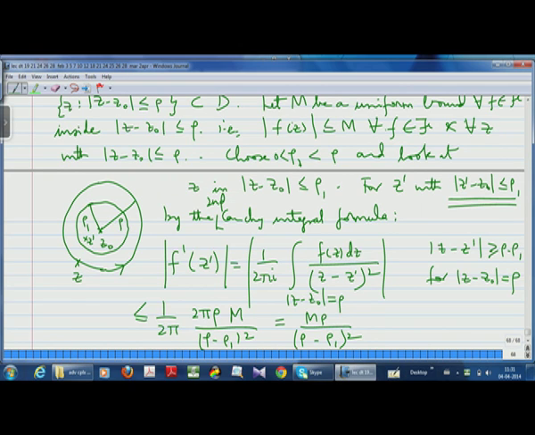This is true for all functions f in script F, and for all z prime lying in the inner disk, mod z prime minus z naught less than or equal to rho 1.